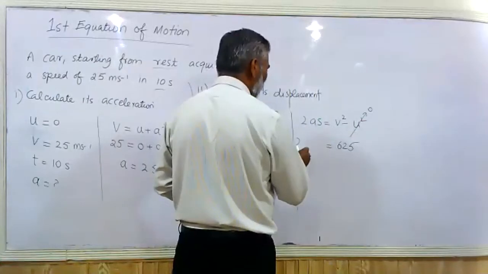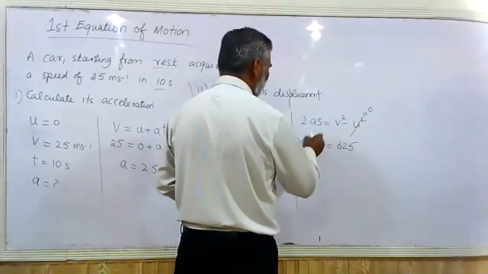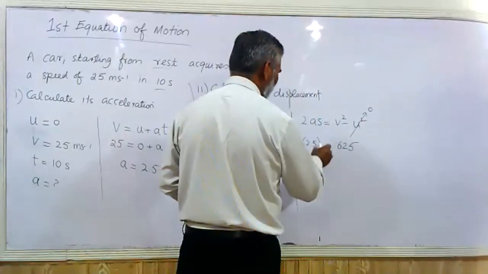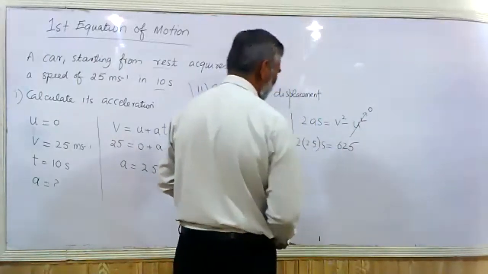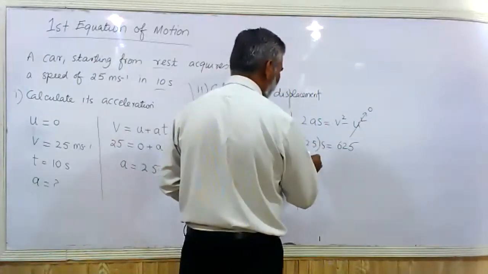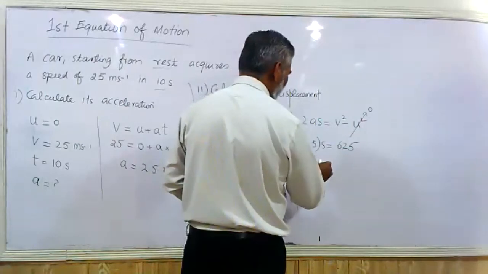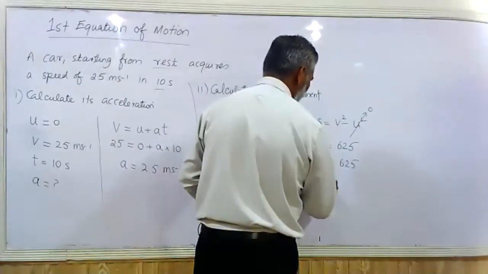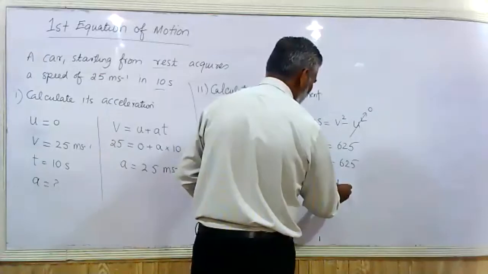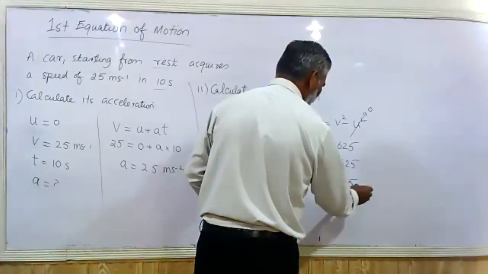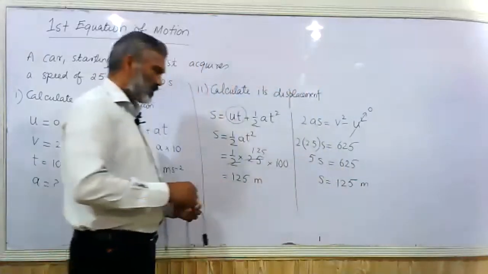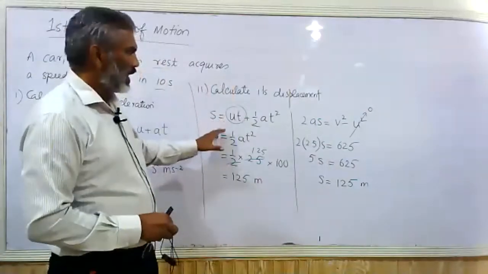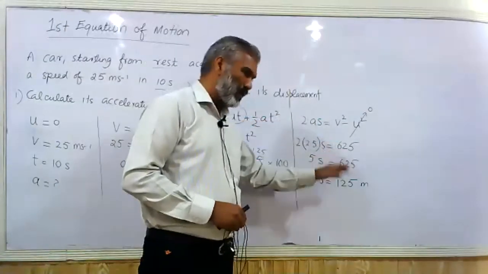This is 2 and acceleration is 2.5, and this is s. So 5 times s is equal to 625. So again, s is equal to 125 clearly. Same answer as expected from the second equation and from the third equation as well.